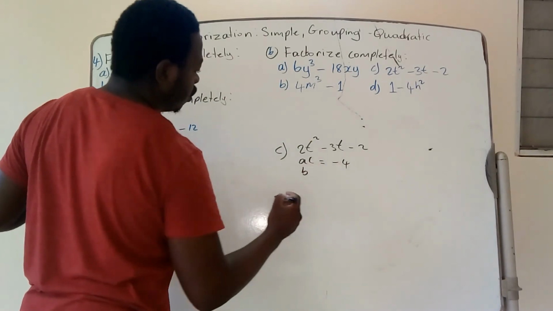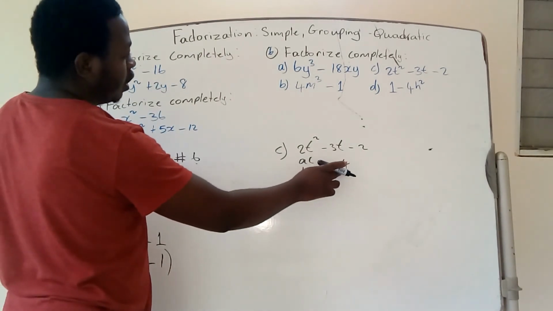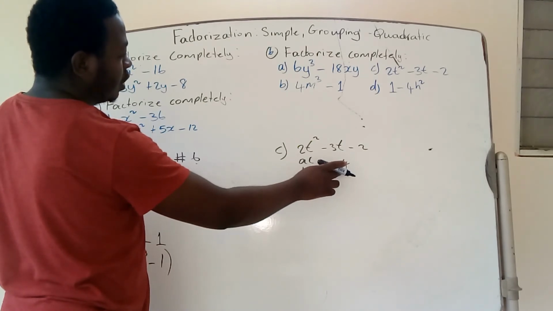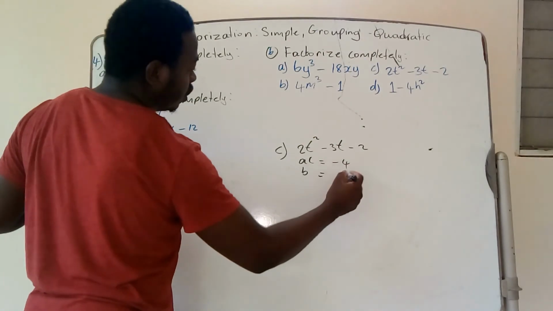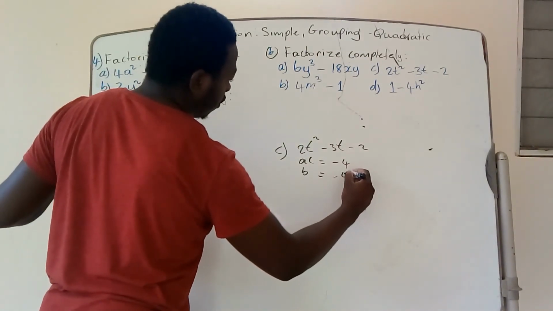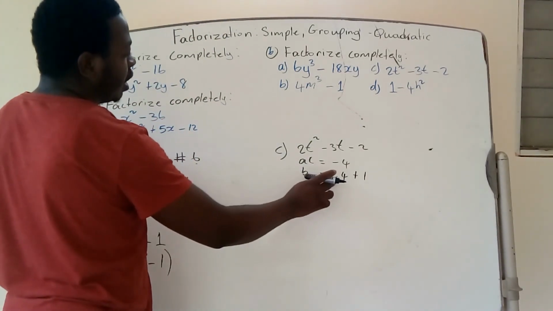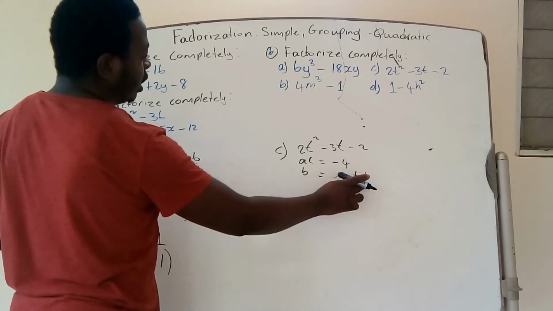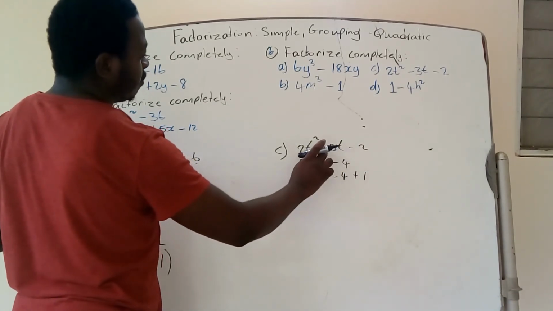Our B term should be 2 factors of minus 4, when we multiply. And that's going to be minus 4 plus 1. Think about it, minus 4 times 1, that gives us negative 4. Minus 4 plus 1, that gives us negative 3.